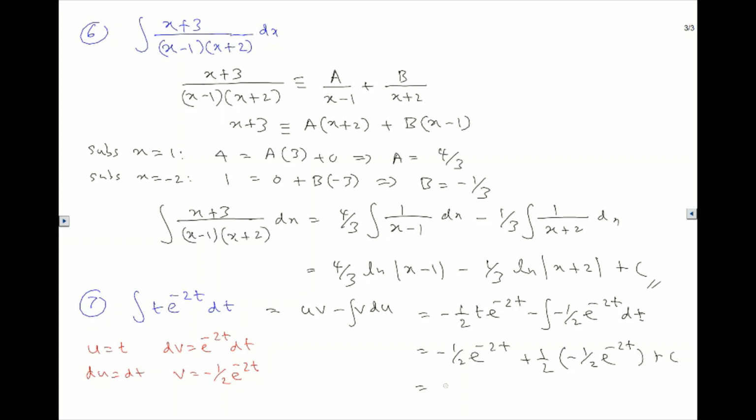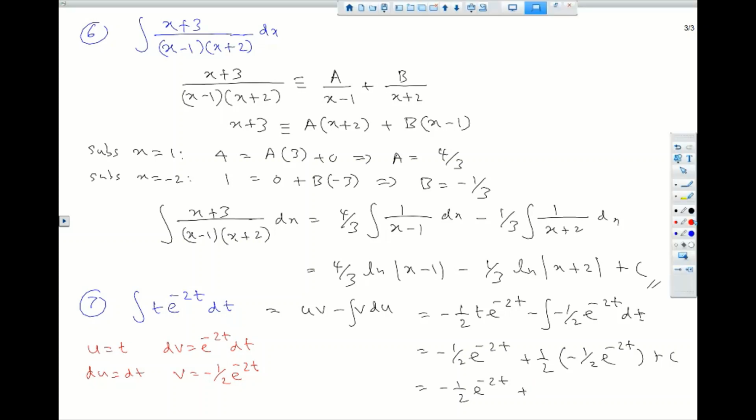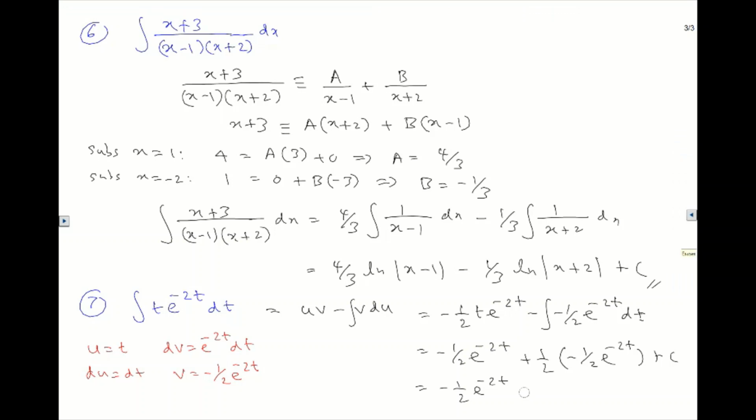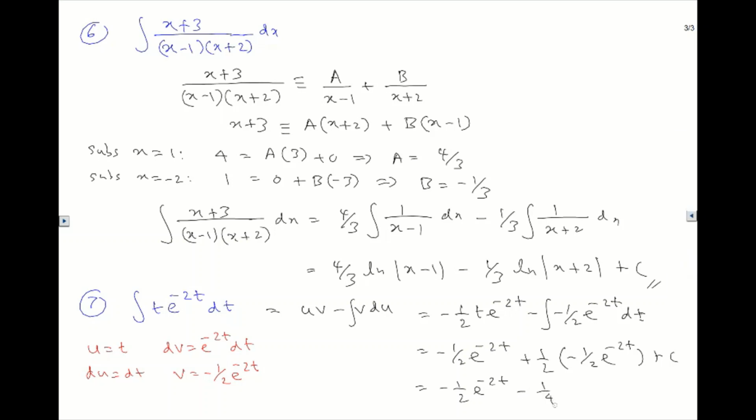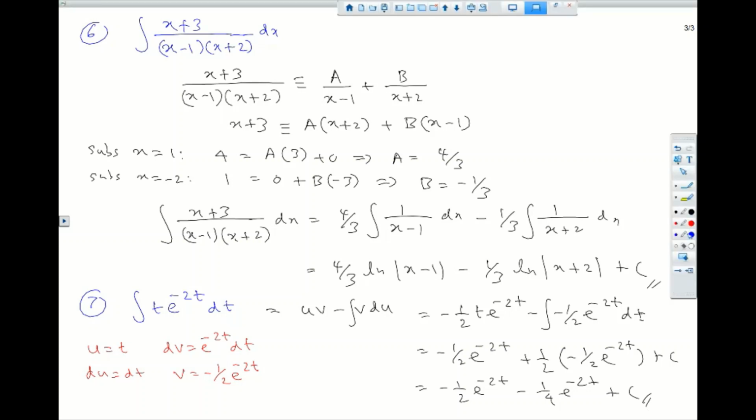So if you simplify, it's negative 1/2 t e to the negative 2t, and then actually this is going to be negative again. So it's going to be negative 1/4 e to the negative 2t plus c. So you can see it's very simple. It doesn't take too much time, but that's the problem. So that's number 7.